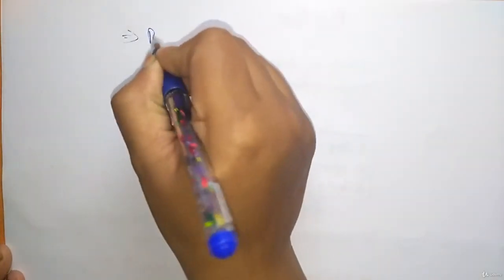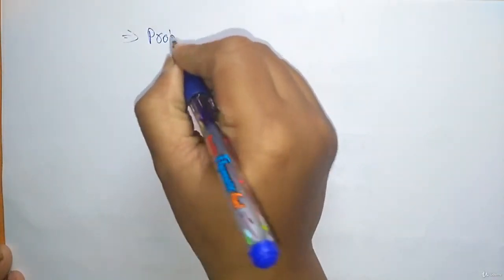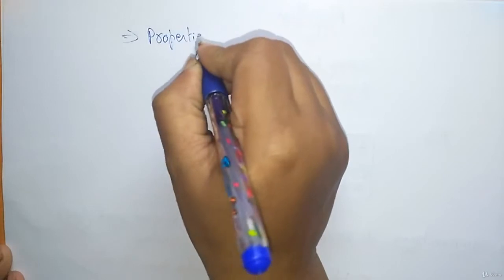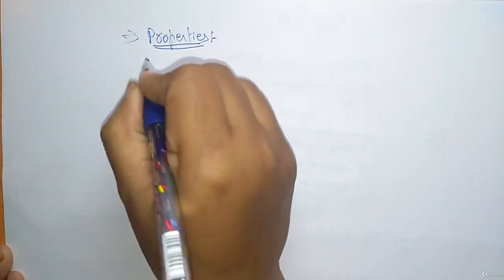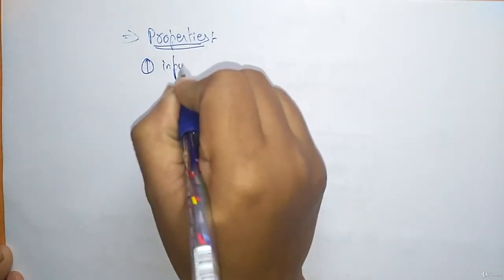So now coming to the properties of an algorithm. So far we discussed that an algorithm is a step-by-step method for solving a particular problem or doing a simple task. Now let us see the properties of an algorithm. The first property is input.